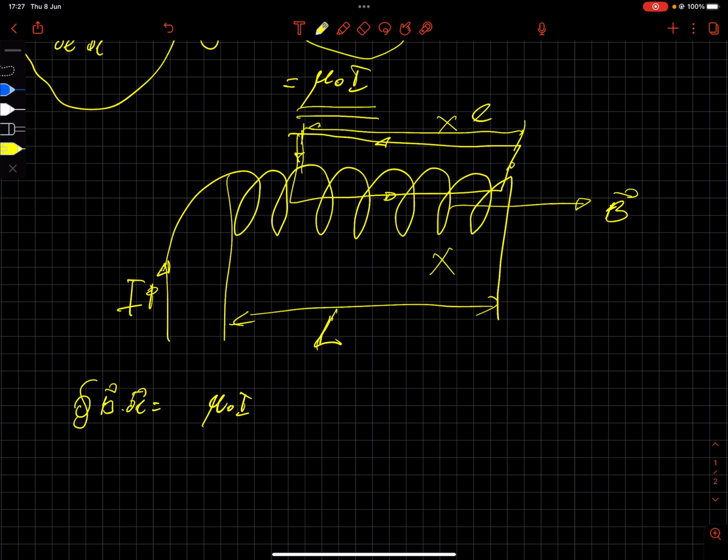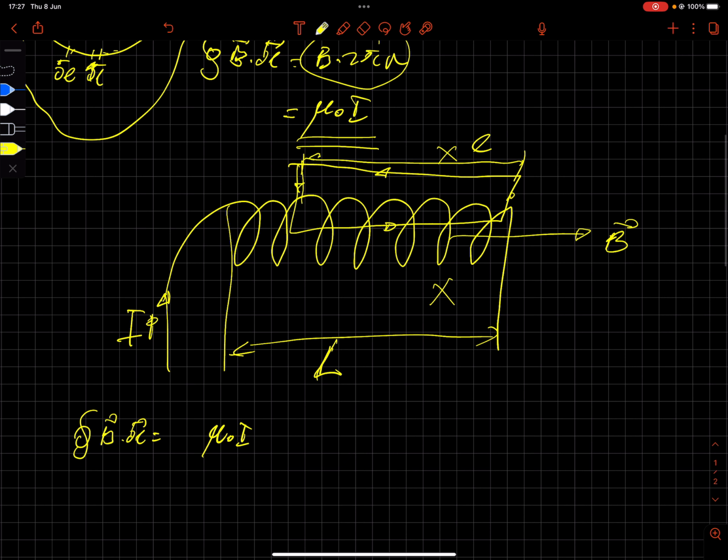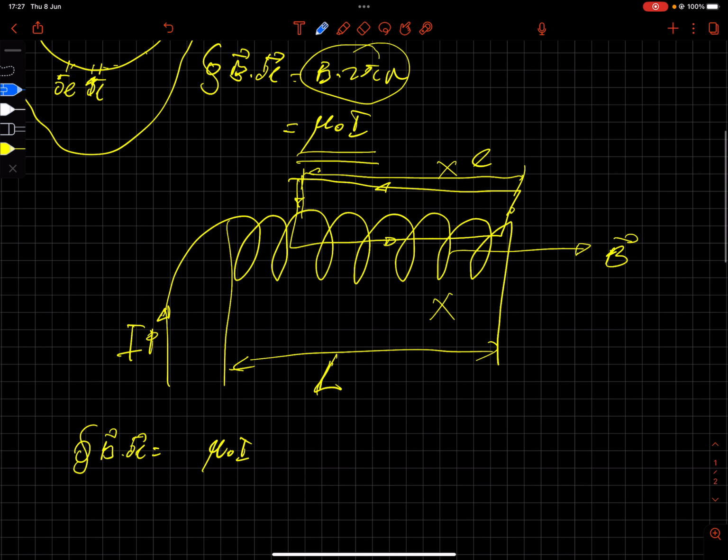And now let's see what we have here. First, since outside the solenoid the field is 0, the contribution of this part here will be 0.